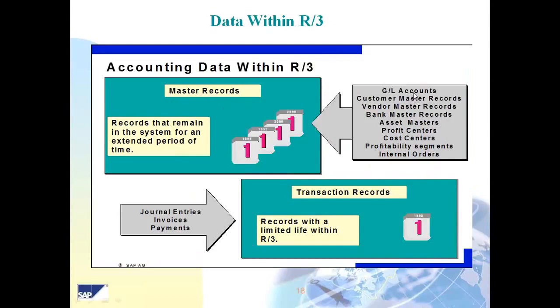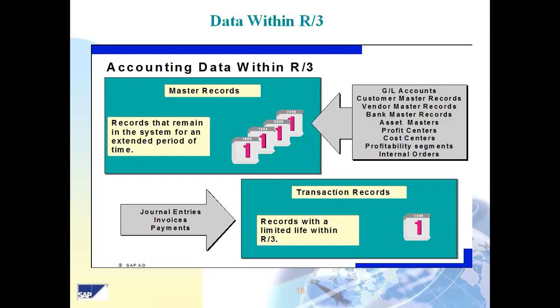Examples of master records: GL masters, customer masters, vendor masters, bank masters, asset masters, profit centers, cost centers, of course profitability segments, and of course internal orders. These are all master records, including FI and CO. Similarly, there are different master records for different applications, and of course common master records for all applications, for example the material master.